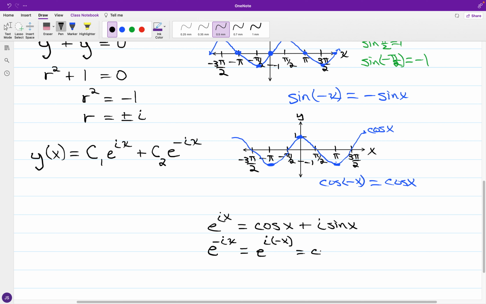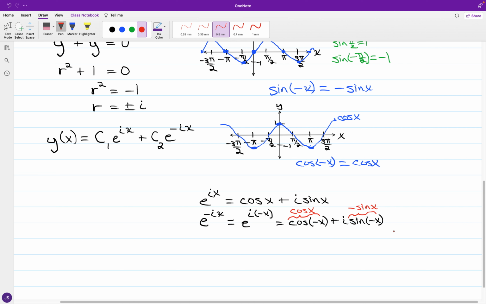And that's going to be the cosine of negative x plus i times the sine of negative x. The cosine of negative x is the same as the cosine of x, and the sine of negative x is going to be the negative of the sine of x.